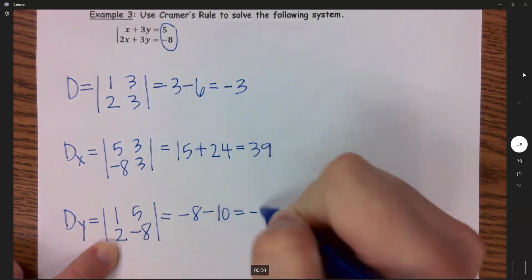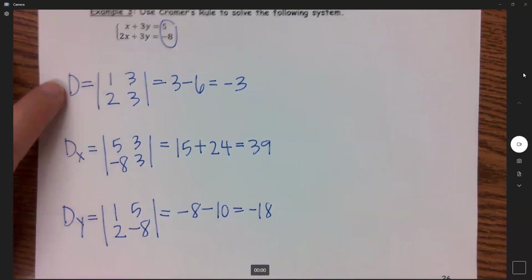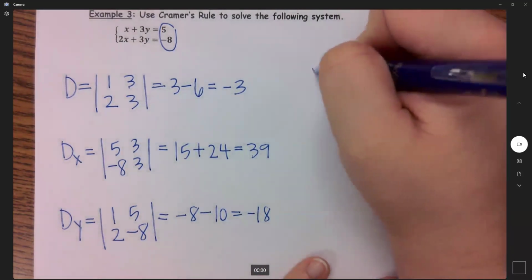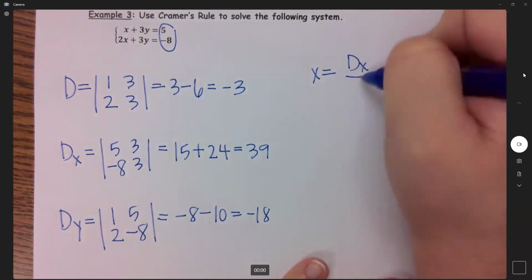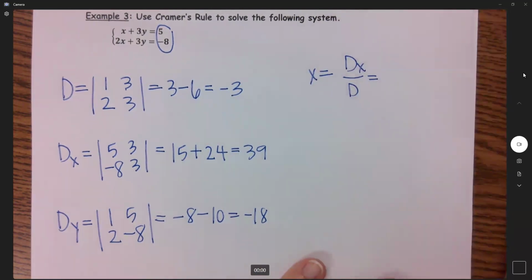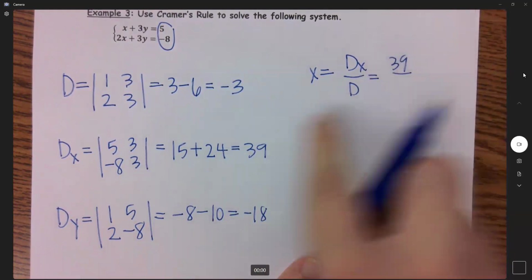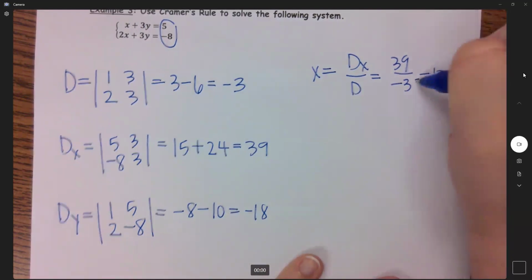And that's going to give me -18. Now that I know what D sub x and D sub y equal, now we can evaluate. X equals D sub x over D. D sub x is 39. D is -3. So that's -13.